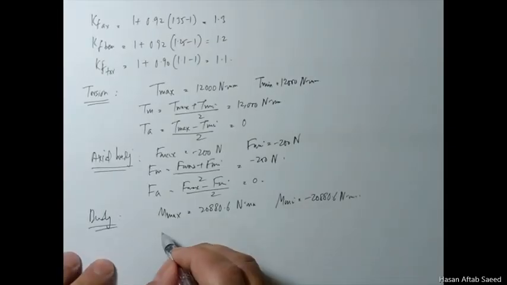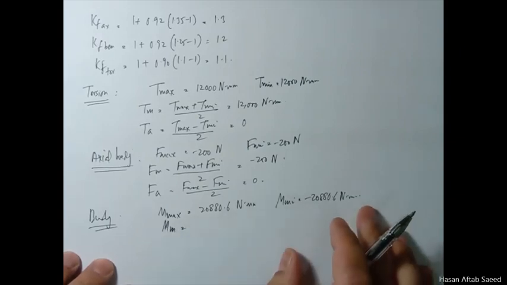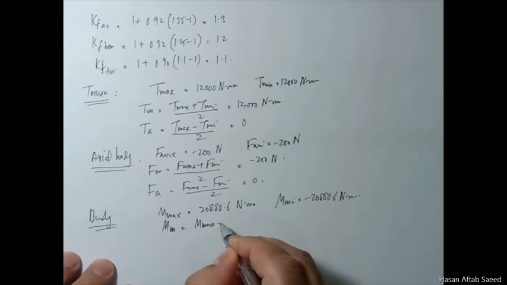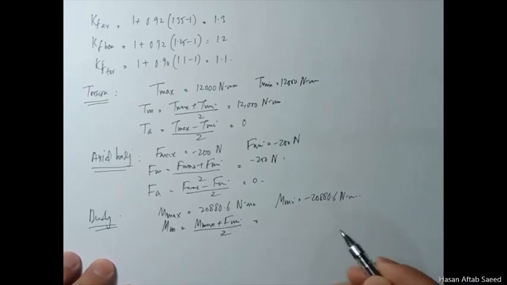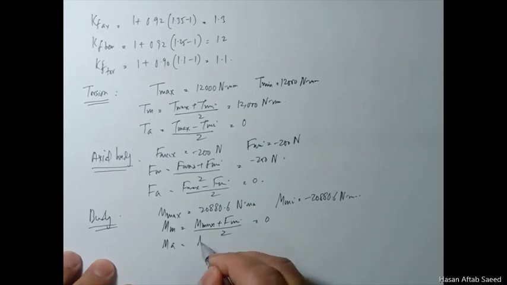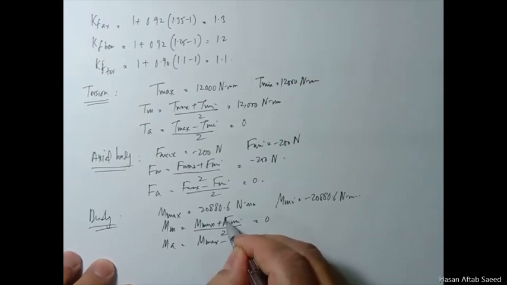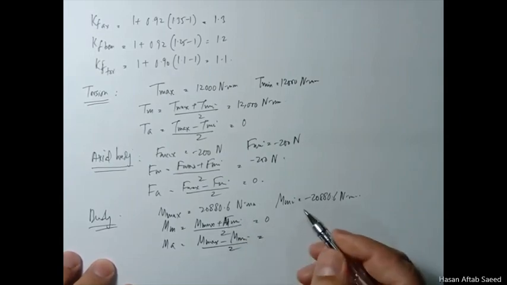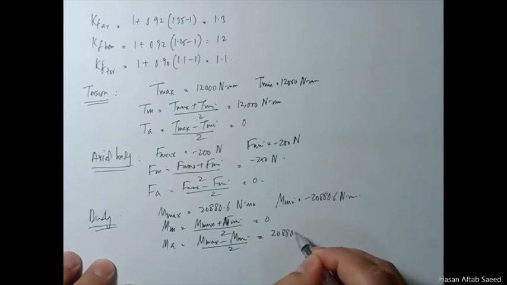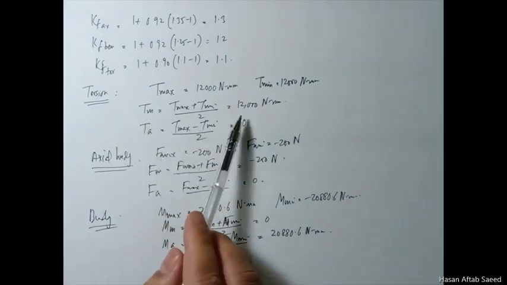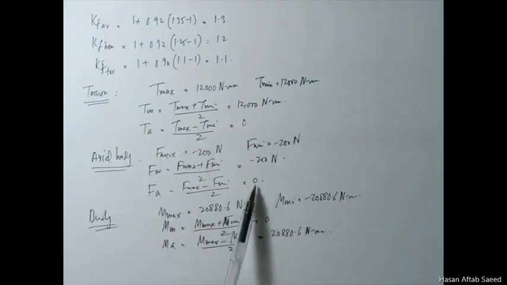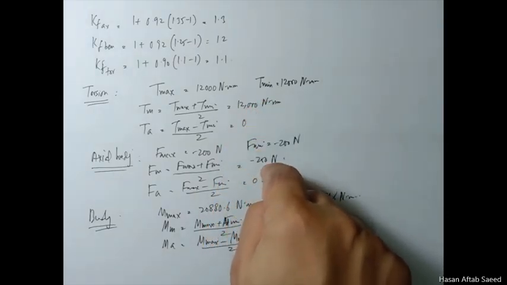And if this is the case, then the mean value, M max plus M min over 2, gives you 0 now. And the amplitude component, M max minus M min over 2, gives you the amplitude. So if we summarize this, torsion has a mean component, axial loading has a mean component, and both their amplitude components are 0, because as long as you are pressing your tool against it, you have one value of torque and one value of compressive stress.